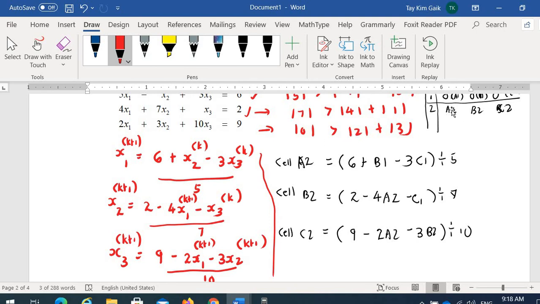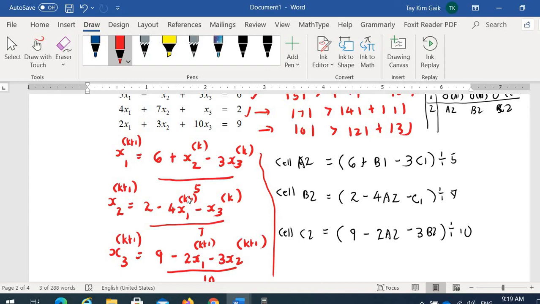Once you press equal for this value, to calculate x2 at k plus 1 in cell B2, this is the formula where x1 at k plus 1 is the new x1 stored in A2, and x3 is still the old one stored in C1. To calculate the new x3 at k plus 1 in cell C2, we have the new x1 stored in A2 and the new x2 stored in B2.